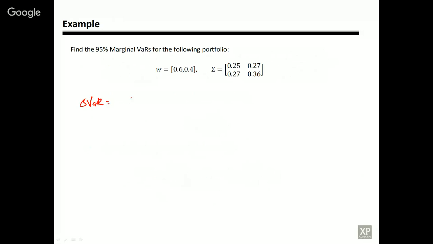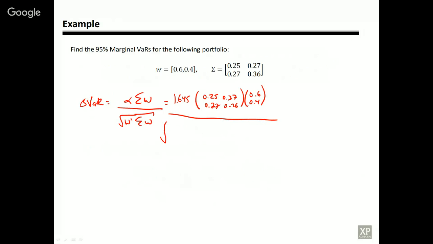That would be equal to alpha sigma W over the square root of W prime sigma W. So that's equal to 1.645 multiplied by our sigma matrix multiplied by our W. And then we're going to divide that by the square root of our W's multiplied by our sigma matrix multiplied by our W. And that's going to give us a 2 by 1 matrix of marginal VARs.